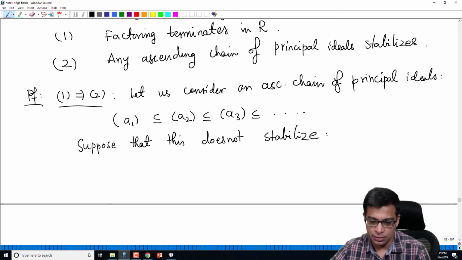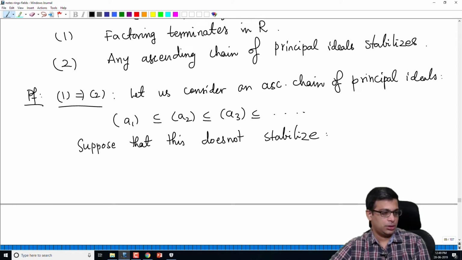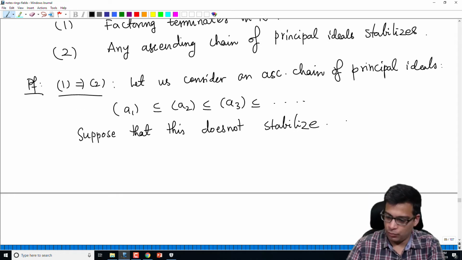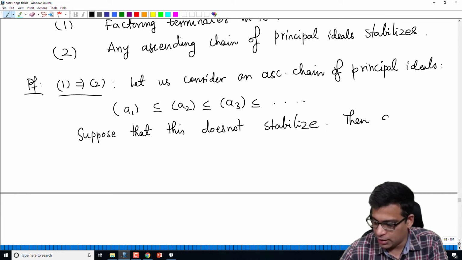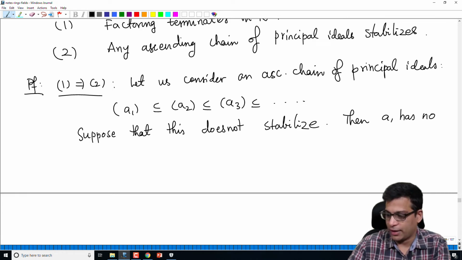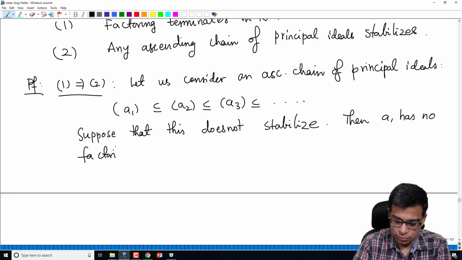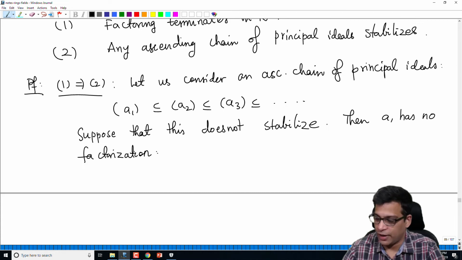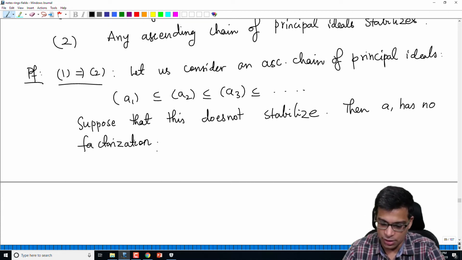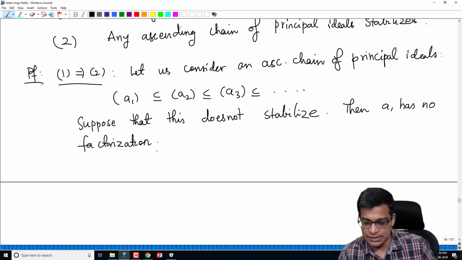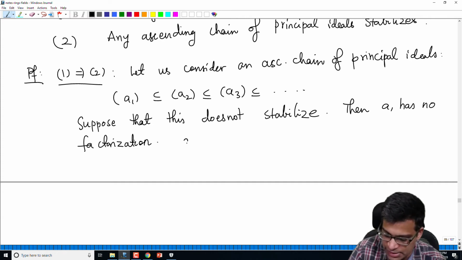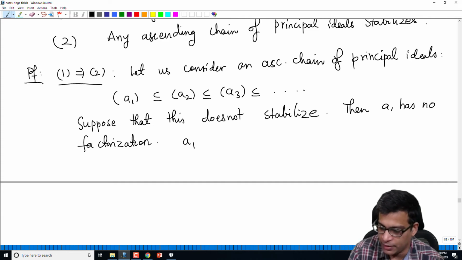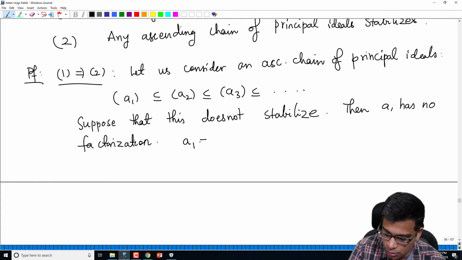Then we will show that A1 has no factorization, which violates that factoring terminates. Because if this continues like this, A1 can be written as A2 times B2.